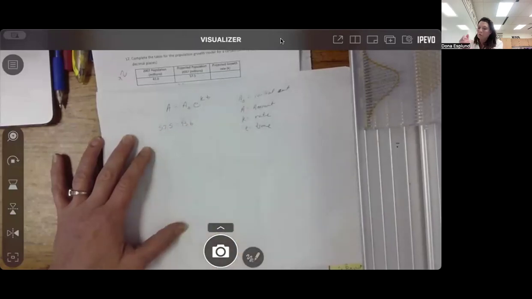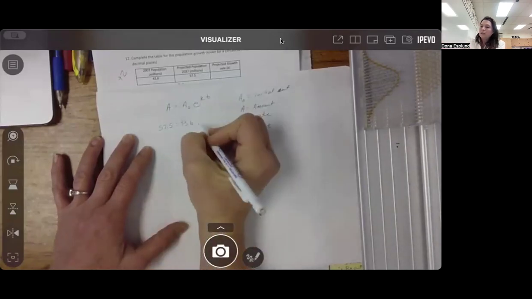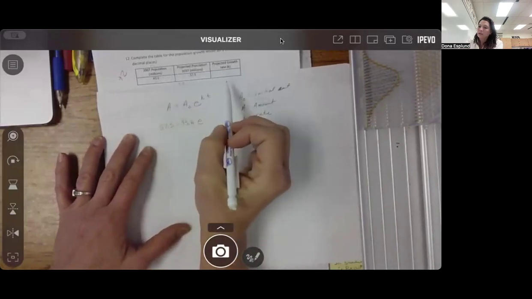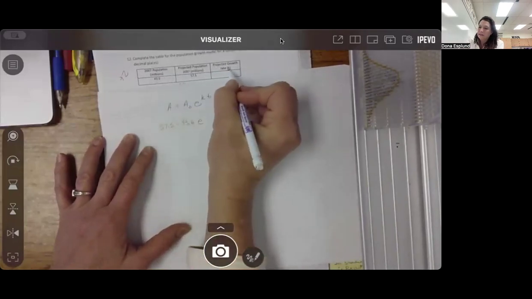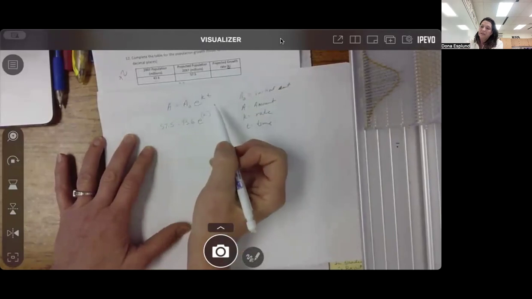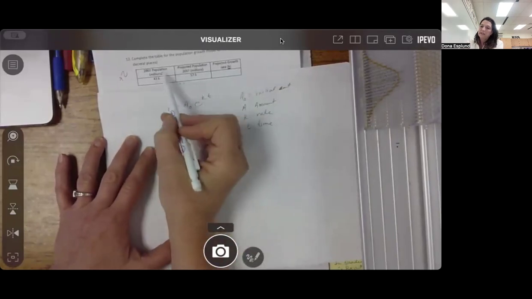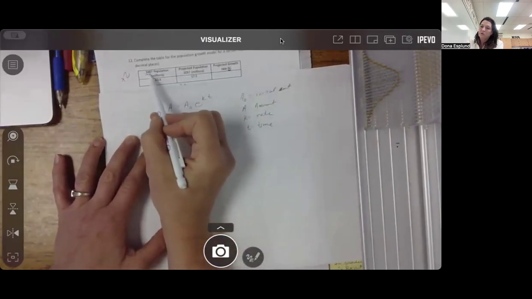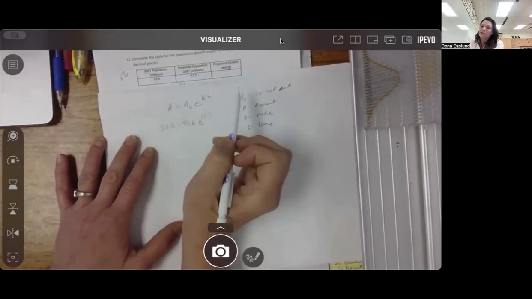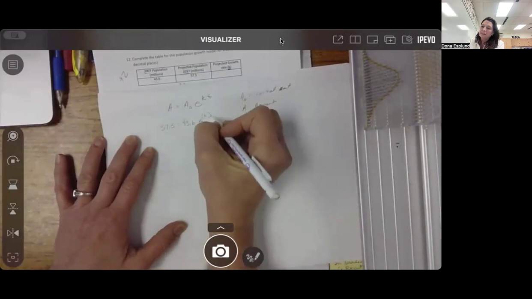So again, it's going to grow. Then we're going to end up with e to the k. And in this case, we're looking for the value of k, so that's our missing amount. But we are also subtly given the time because it says on the chart you start off with 2007 and you go until 2037. And so that means time has to be 30.